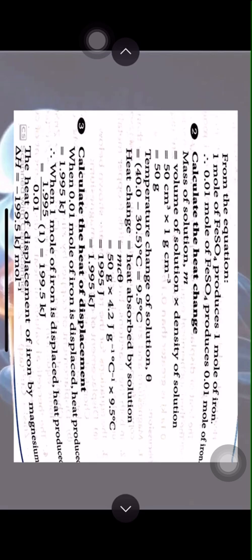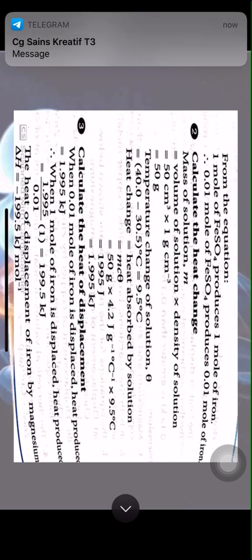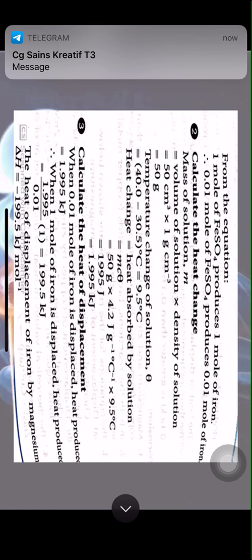You count the heat change, mc theta, as usual: 50 times 4.2 times 9.5. The final answer is 1995 joules. So you convert it into kJ.